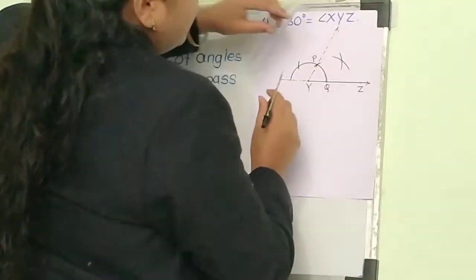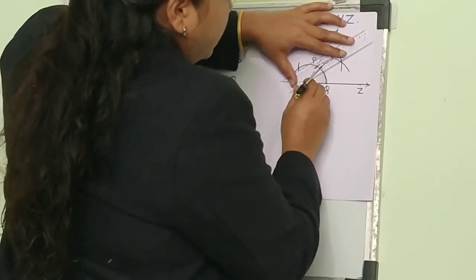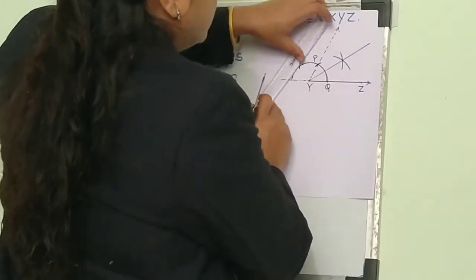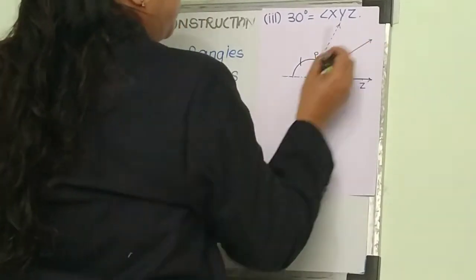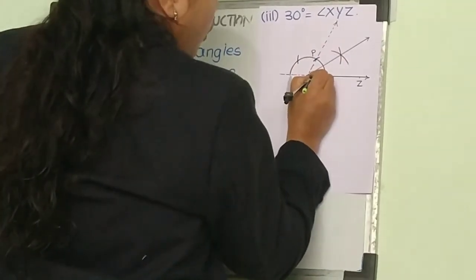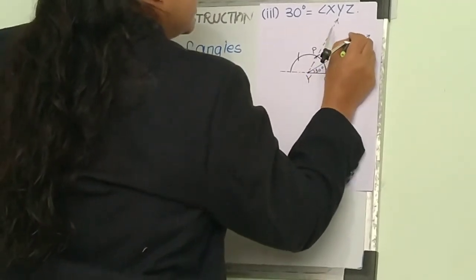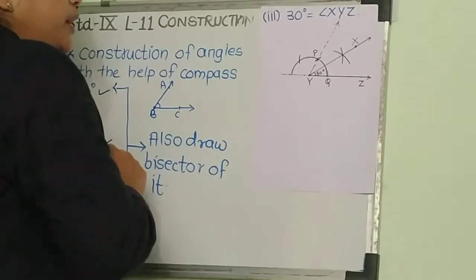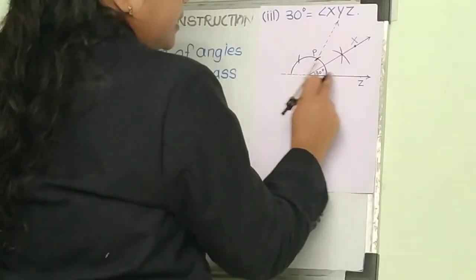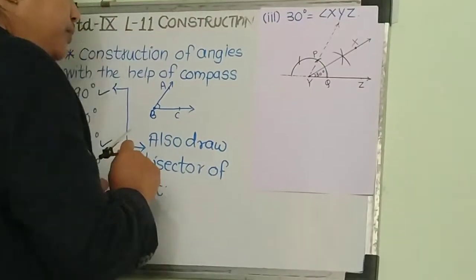Where they meet, through that intersection point, we are going to draw one ray. So here we can say that this is the angle of 30 degrees and which is required. So here the vertex of the angle is Y and the last point is X. So XYZ, 30 degrees, is the required angle.